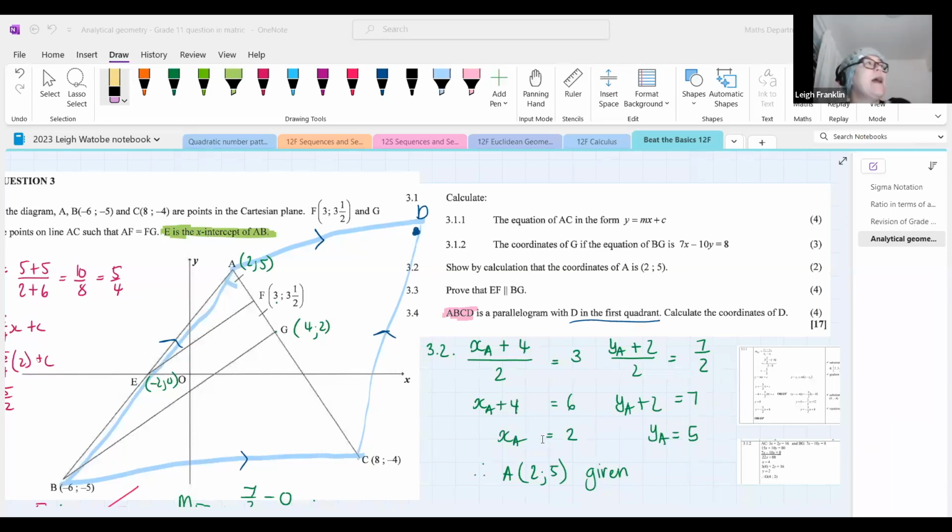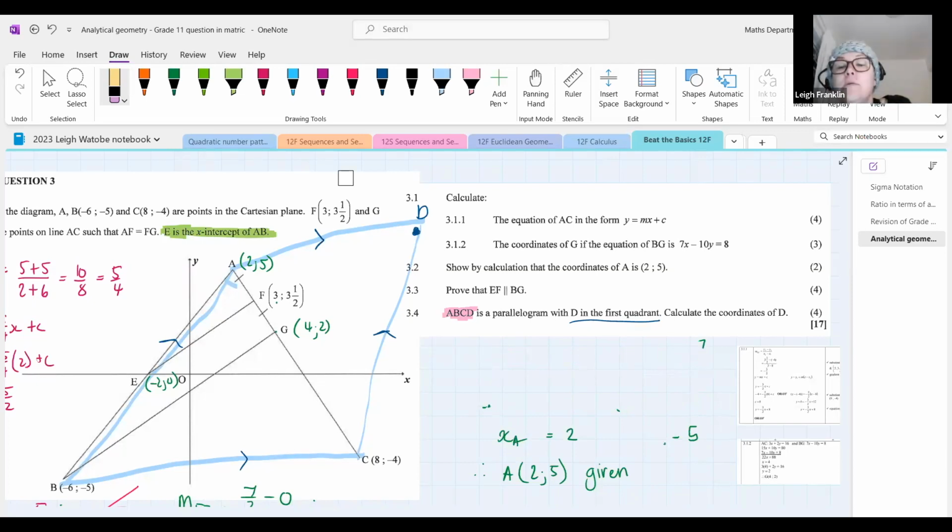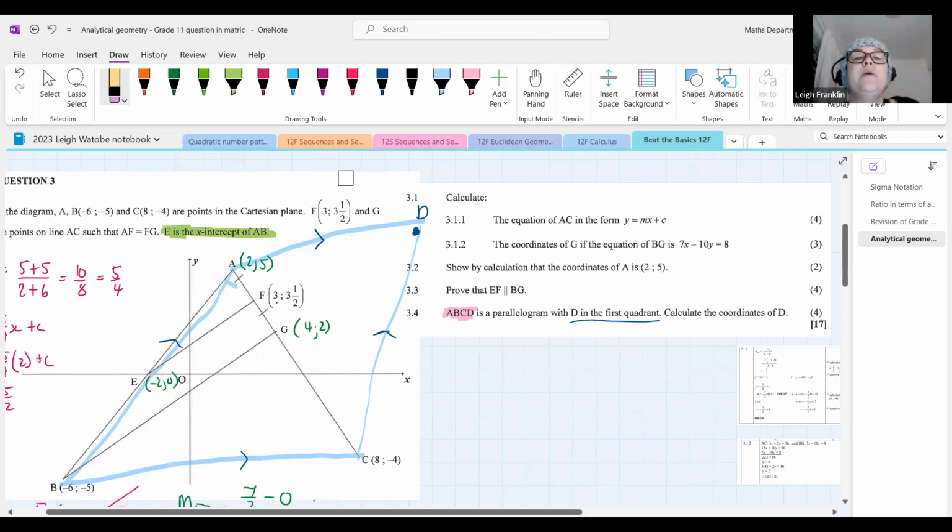Okay, but you don't actually have to draw in D. You just need to know where it is on the Cartesian plane in order to be able to calculate its coordinates. Okay. All right. So let's work out what its coordinates would be.